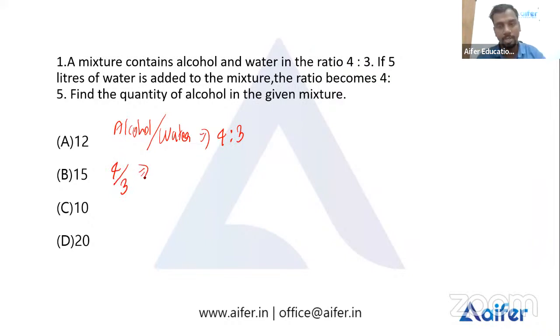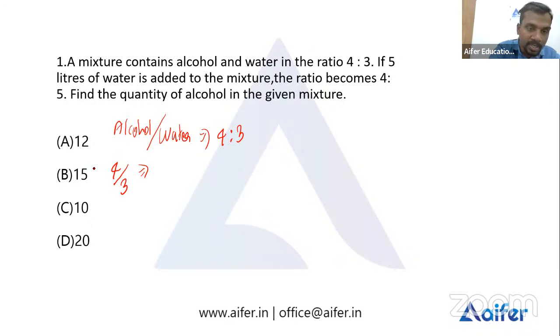In this particular question, it's given that if 5 liters of water is added to the mixture, the ratio becomes 4:5. So what is being added? Only water is being added, not alcohol and water.